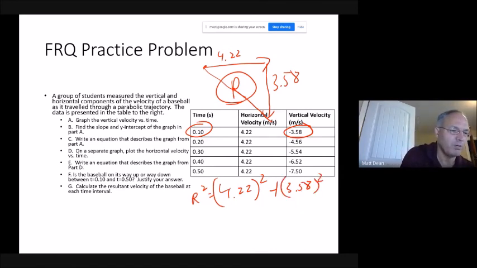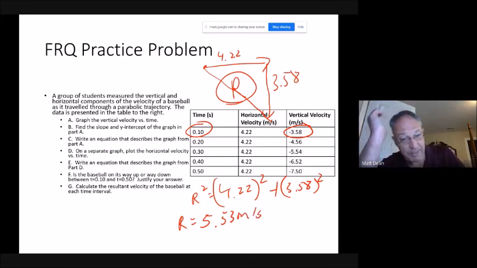So 4.22 squared plus 3.58 squared. Take the square root of that whole thing, and we end up with r equals 5.53, and that would be meters per second.